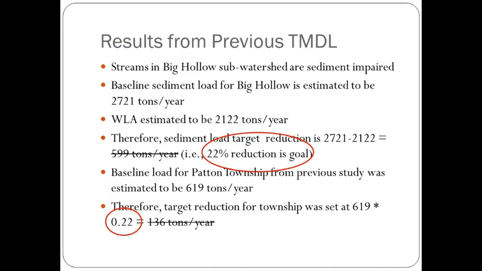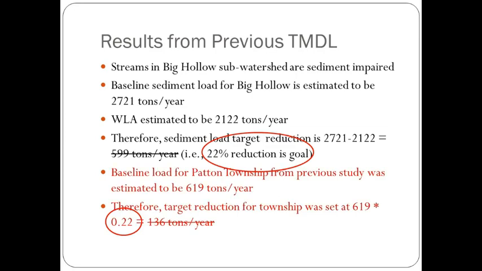In our case, we used the GWLF-E model to calculate a new baseline load, and it is this baseline load that will be used as the basis for determining whether any reduction might be possible through the implementation of future BMPs in our study area.